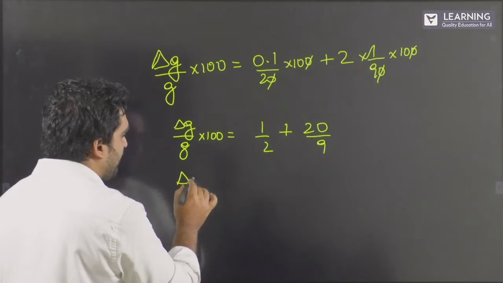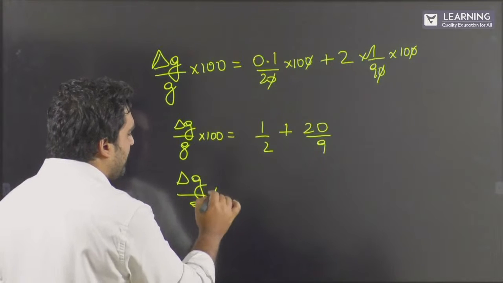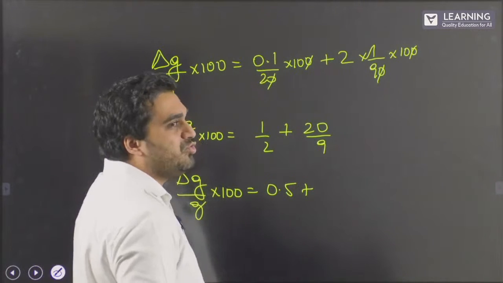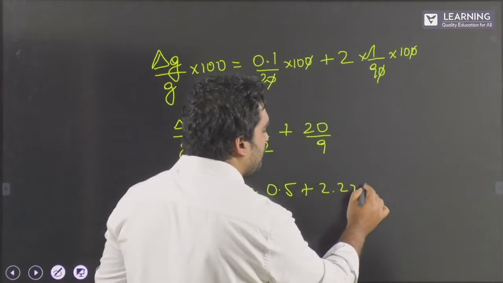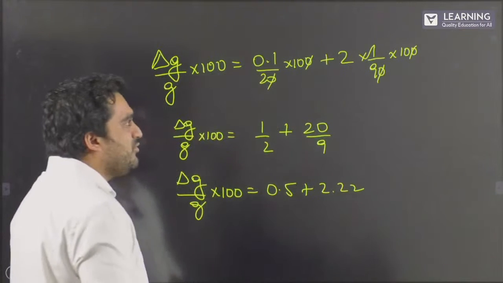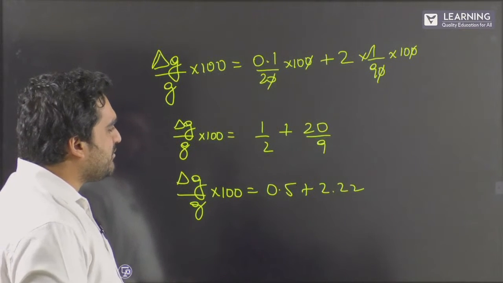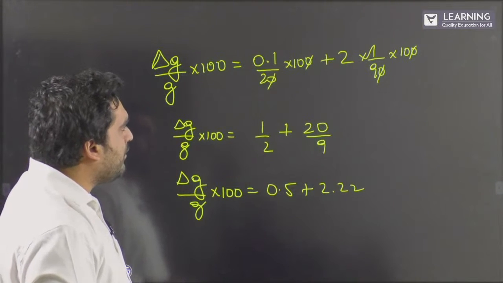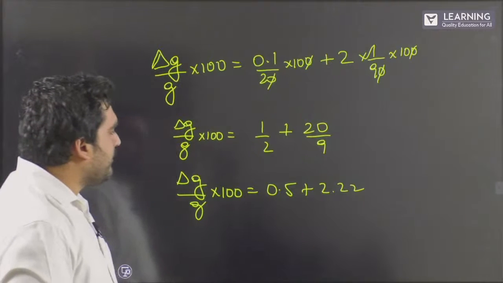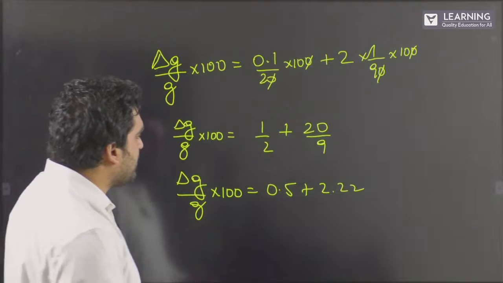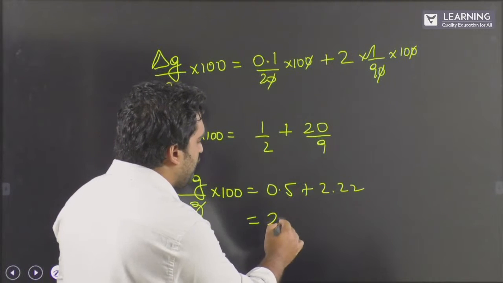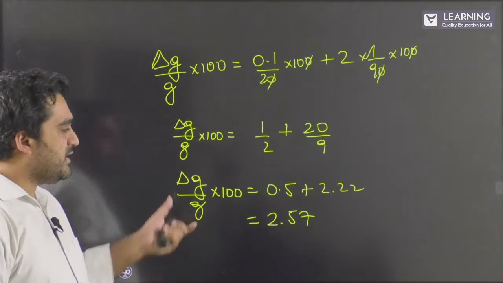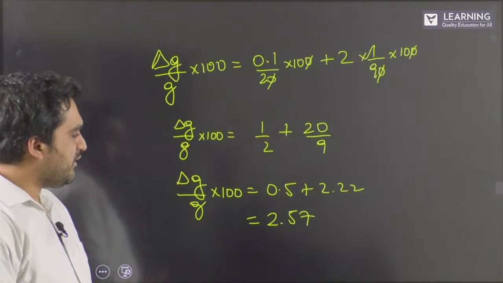20 by 9, if I'm not mistaken, must be equal to 2.2222. So I'll just put it to 2.22 since my resolution is just about 1. So next you get 2.57, which is your percentage of error.